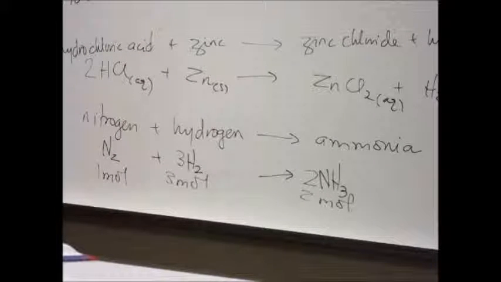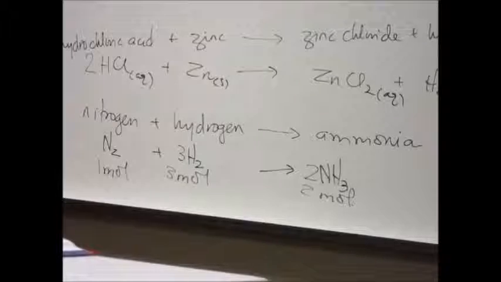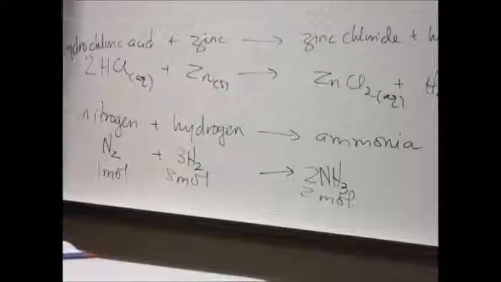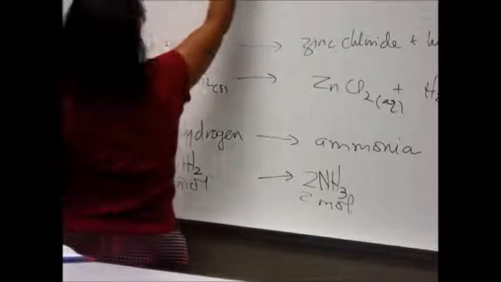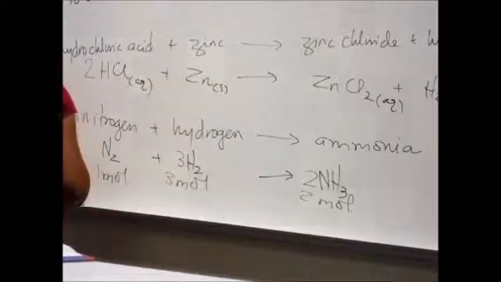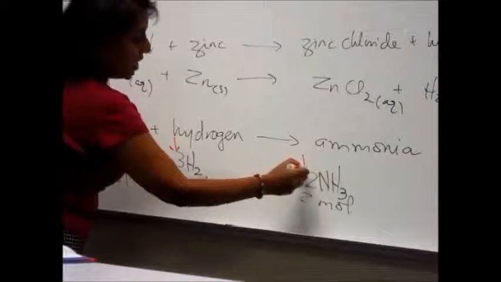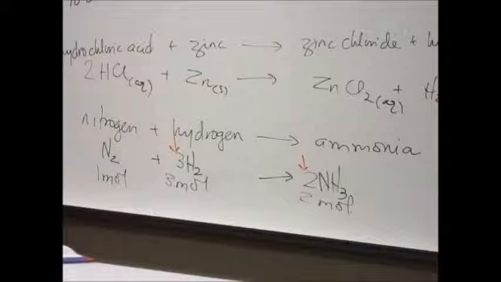The numbers that we are using to balance the equation, all these numbers, have a specific name: they're called coefficients.